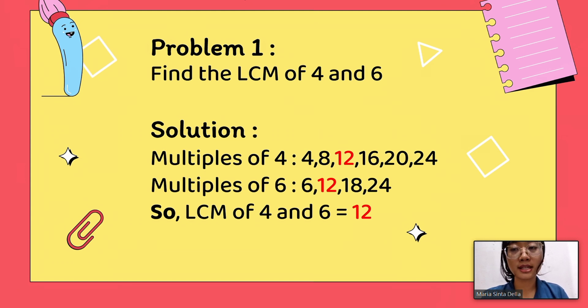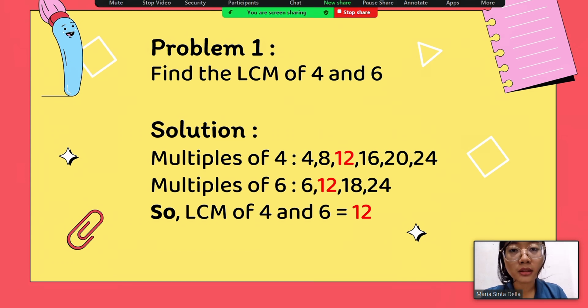Write down multiples of each number and just list them in a line. 4, 8, 12, 16, 20, 24, and then list multiples of 6: 6, 12, 18, 24, and done.